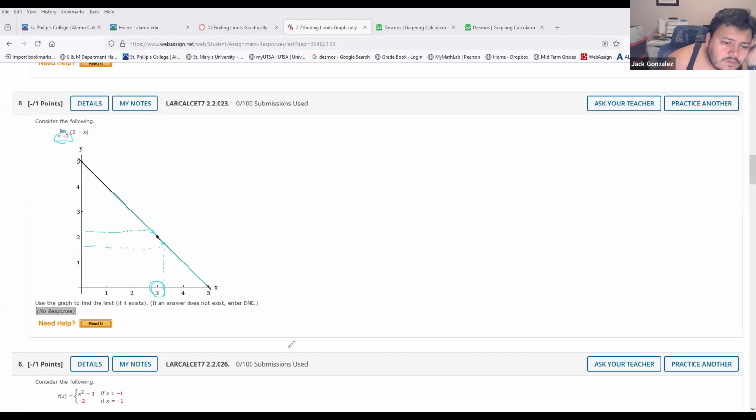Now we're approaching 2. Does that make sense? So in this case, it does exist. You can plug it in, right? But you can also see what the values are approaching from the left and right. Well, it's approaching 2. Therefore, the limit is 2.